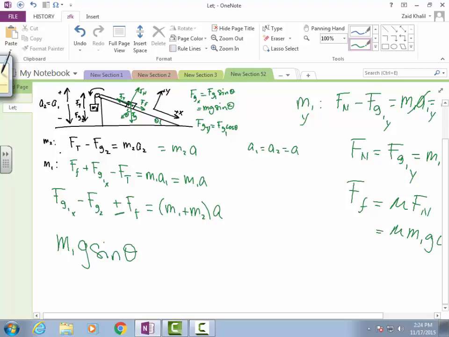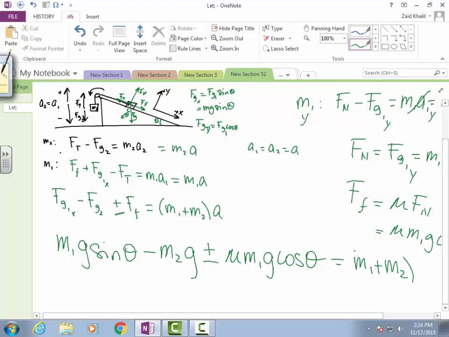Fg2 is M2g, plus or minus, what's Ff? Mu M1g cosine theta. And that's equal to M1 plus M2 times A.